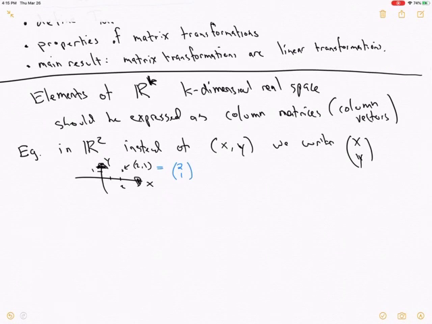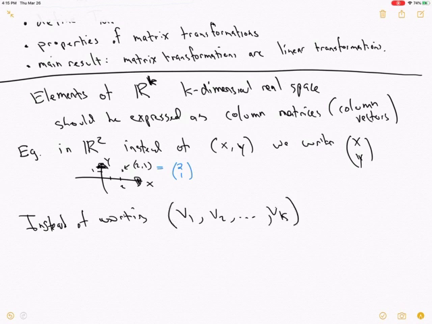So in Rk, usually a point in Rk is written, so one more time, instead of writing v1, v2, ..., vk, so usually you have k components for a point in Rk, we write a column v1, v2, ..., vk.